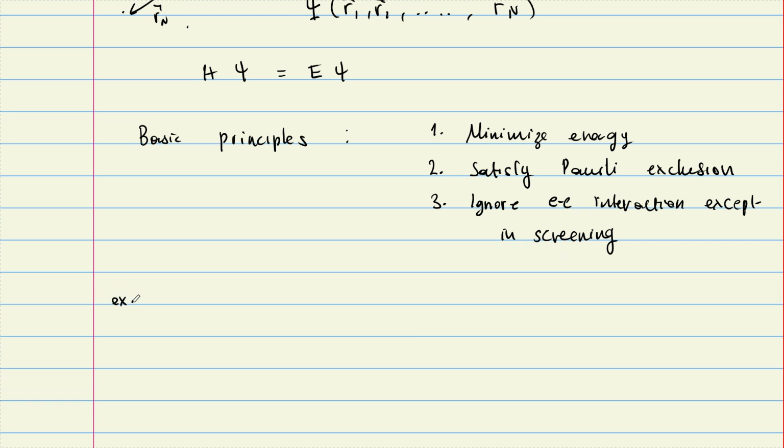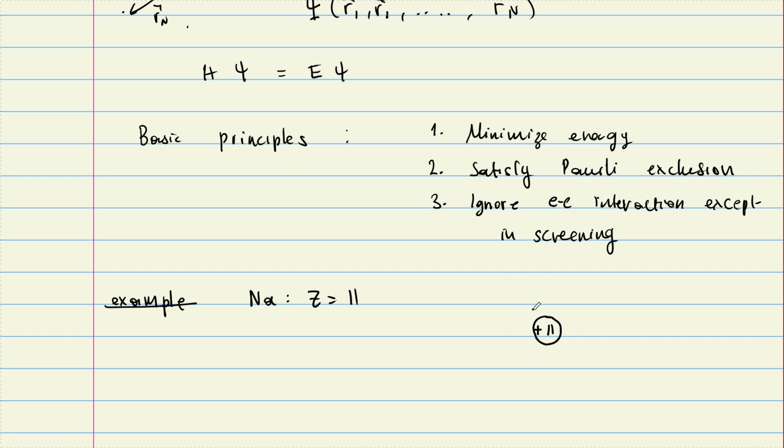So here's the example for screening. Suppose I take sodium, which is Z equals 11, and I have plus 11 charge in the nucleus, right?